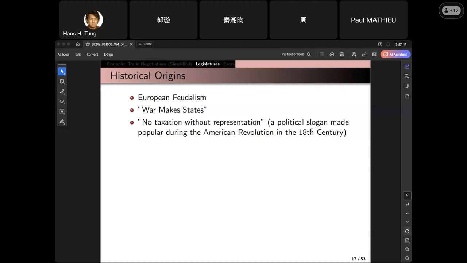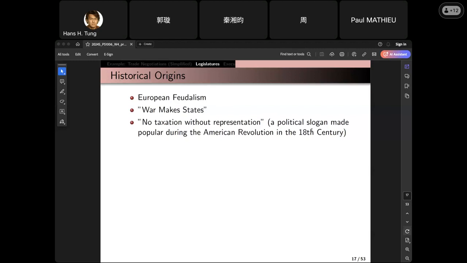So it seems to imply a certain kind of equality between the king and all those other powerful nobles. This is the historical origin of the legislature, because inside the legislatures these are all people who are also very powerful, and they have resources to support the regime. Without their support, the king or the dictator won't be the dictator or the king anymore. That's why the textbook traces the origin to European feudalism.